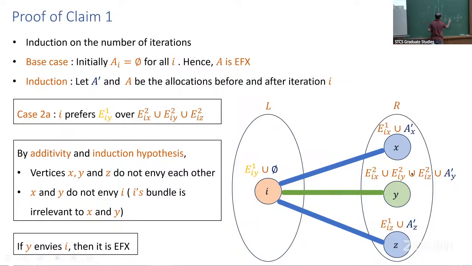So you can either orient it in this direction or the other direction. If you orient it in this direction, this agent cannot get any item because otherwise the envy would be strong envy. So the only way you can orient these edges is in this direction. But now the envy from this agent to this agent would violate the EFX property. So this is an example.